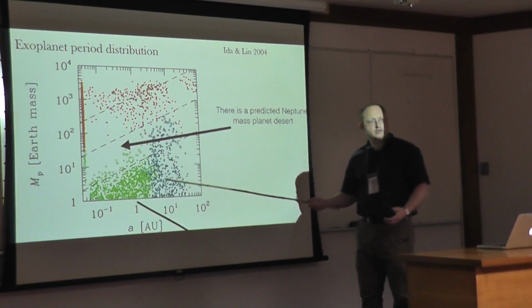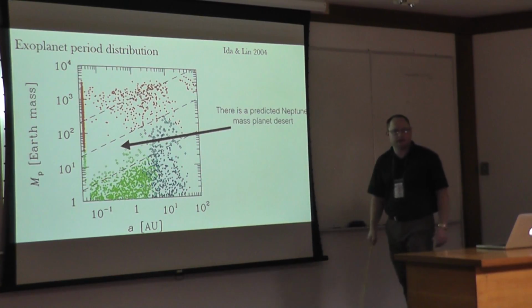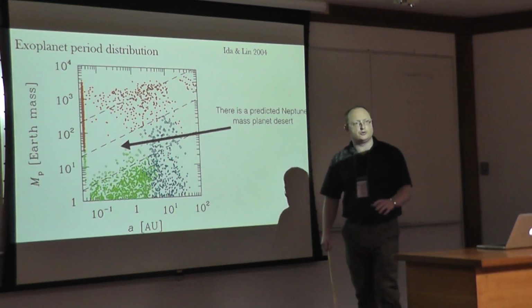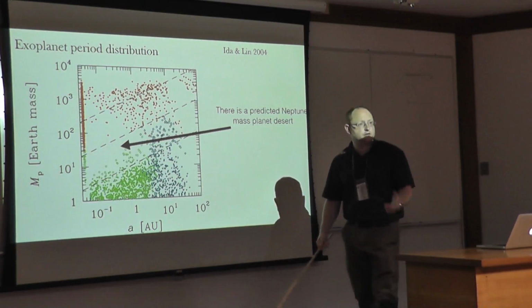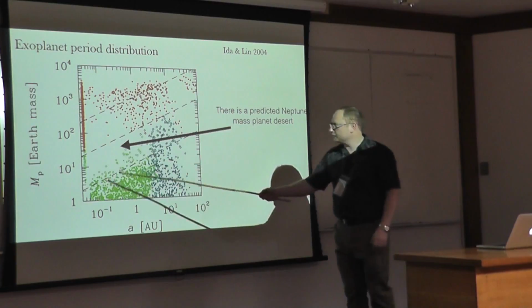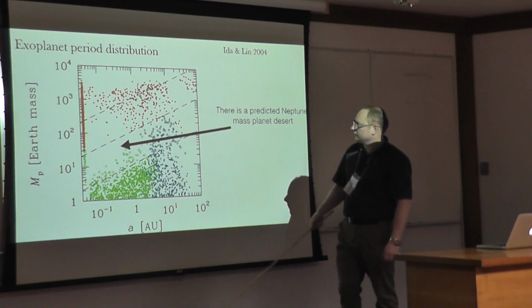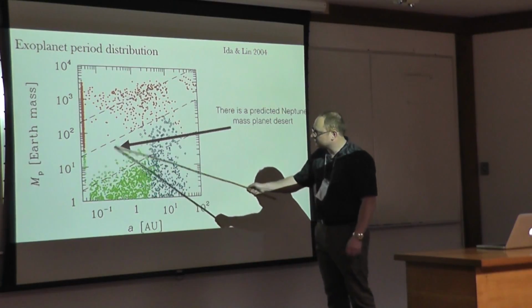And it was a strong result in the case that it was predicted by Ida and Lin in 2004, but it was also confirmed, let's call it confirmed, or at least in agreement with these models by Mordasini et al. They also found a deficit on short periods. You get this kind of boundary, that's a numerical effect, and then there's this deficit.